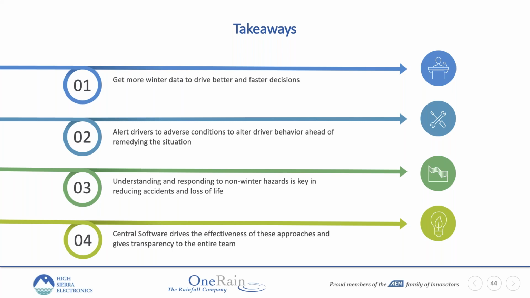So it's not only just seeing new hazards, it's the speed of changing between these hazards that is really critical. And so having a common solution allows you to go from a low visibility event to a flooding event without skipping a beat.